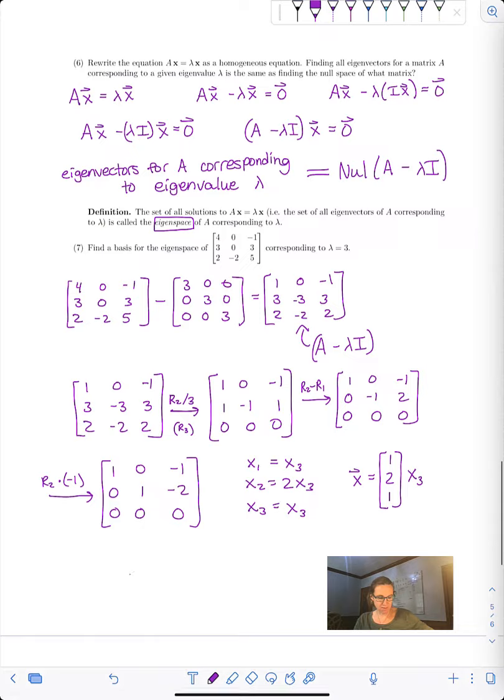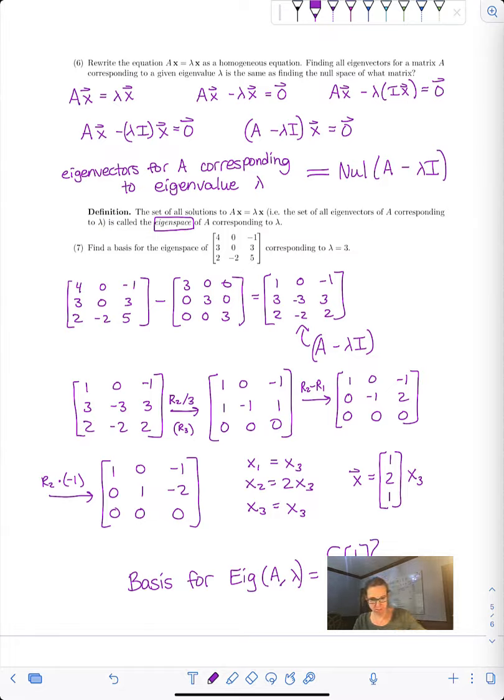And so in fact a basis for this eigenspace, which I sometimes write as I of A comma lambda, is just the vector 1, 2, 1. So notice here I'm not writing span because a basis is a set of vectors; the eigenspace is the span of all the vectors in a basis.